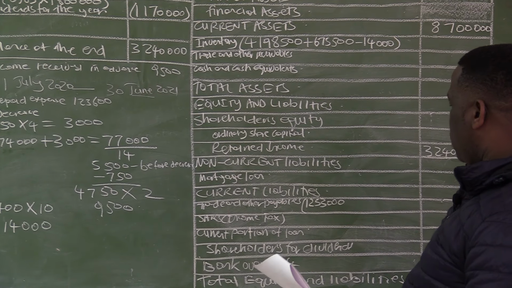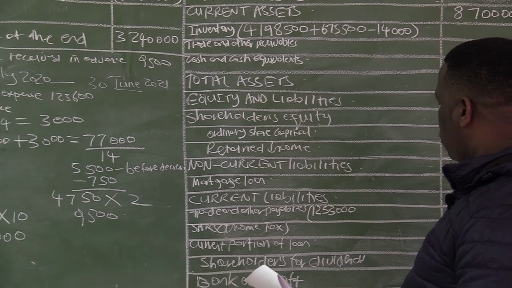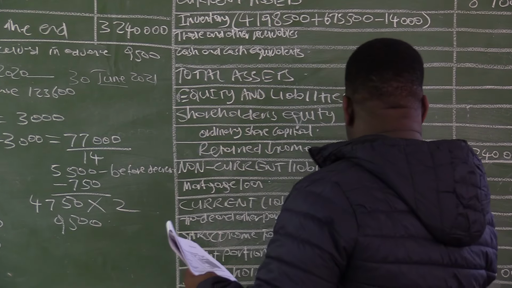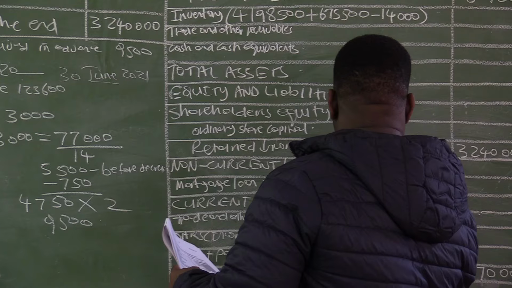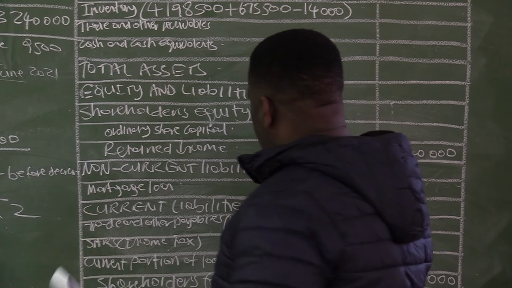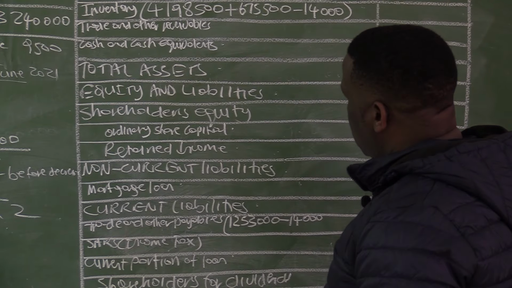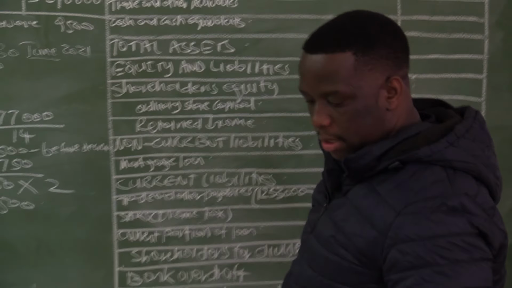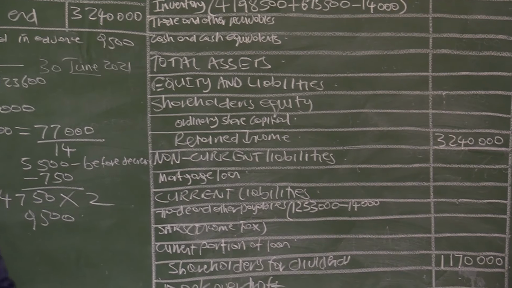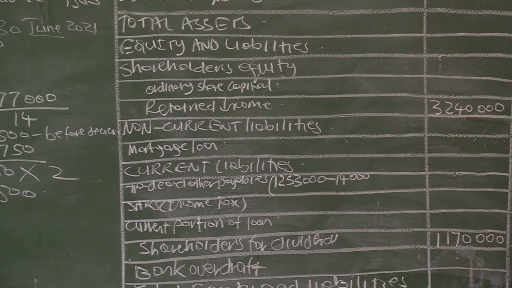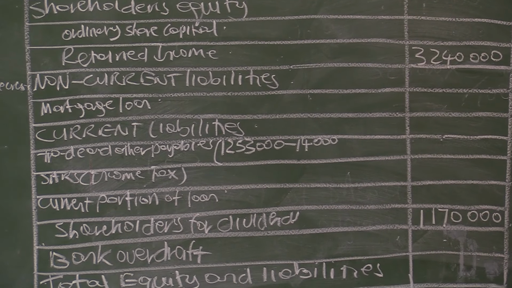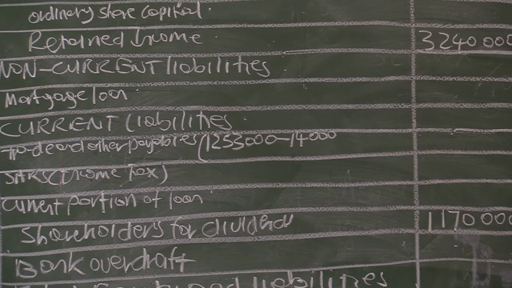And then we'll have to subtract this 14,000. Why are we subtracting the 14,000? It is because these goods were purchased on credit. So if we are returning this stock, then our trading stock will decrease by 14,000, and at the same time our liability will decrease by 14,000.